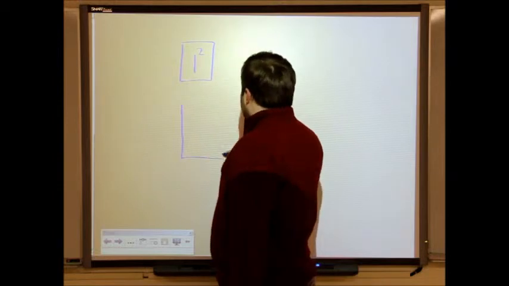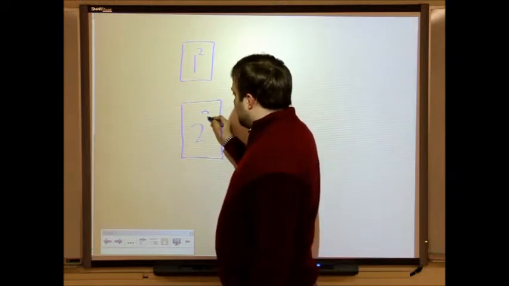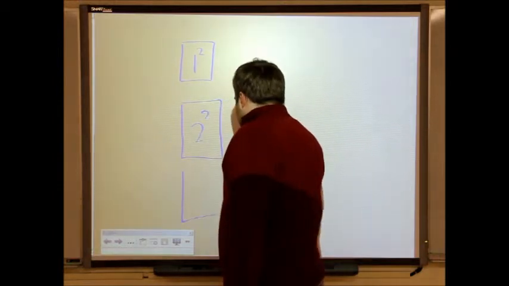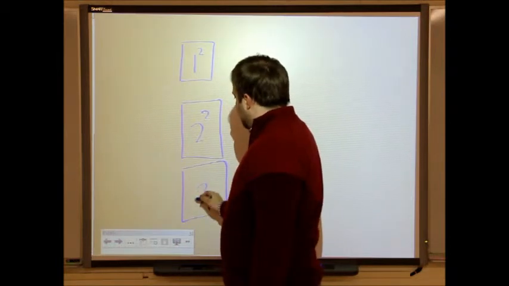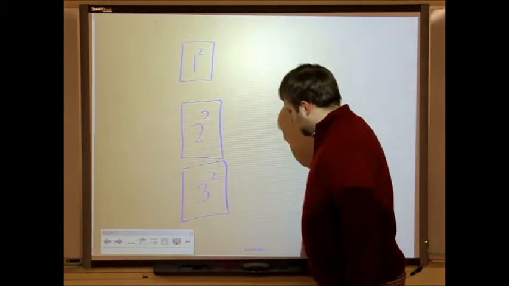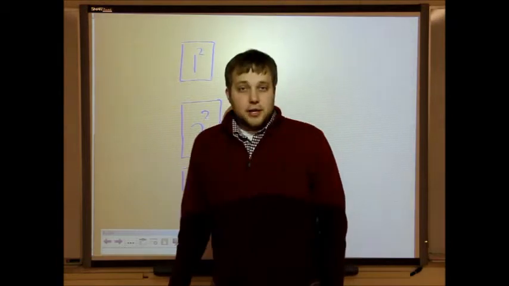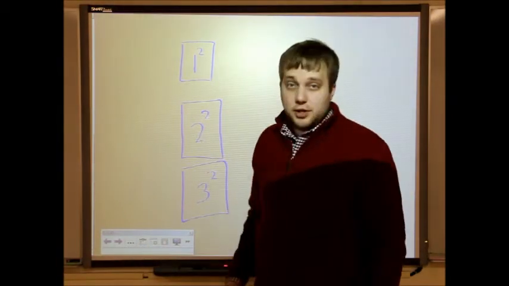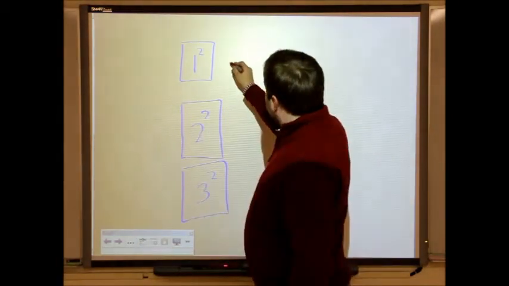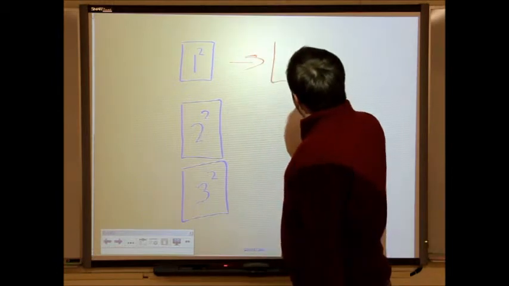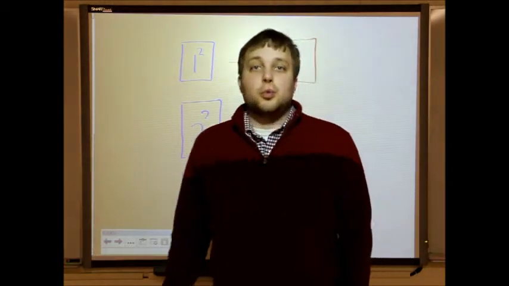On another flashcard, I would have 2 squared, right? And then on another flashcard, I would have 3 squared. Okay? So that's on one side of the flashcards. So that would be 3 flashcards.